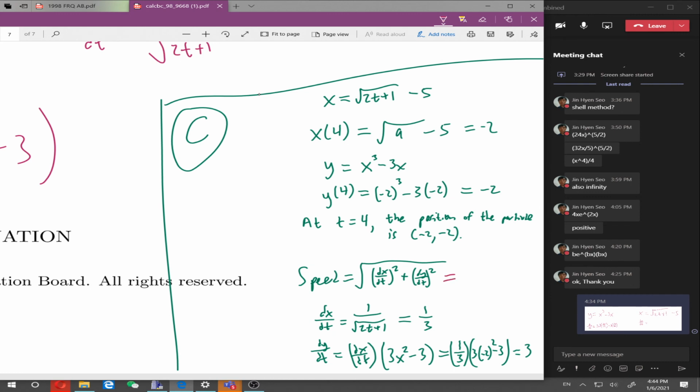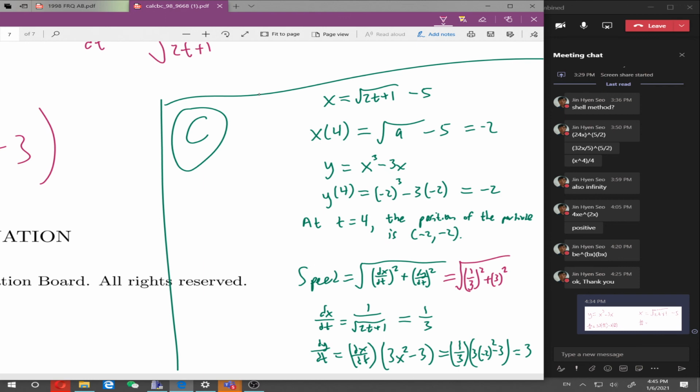So for our final answer for the speed, our speed is going to be equal to the square root of 1/3 squared plus 3 squared. 1/3 squared is 1/9, plus 3 squared is 9.